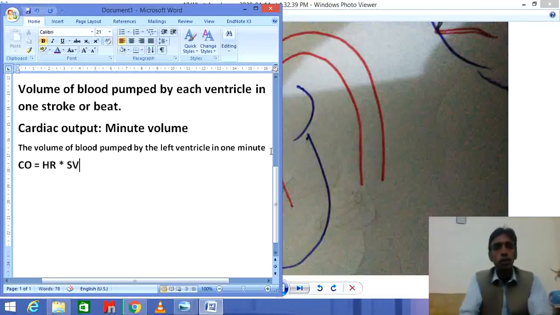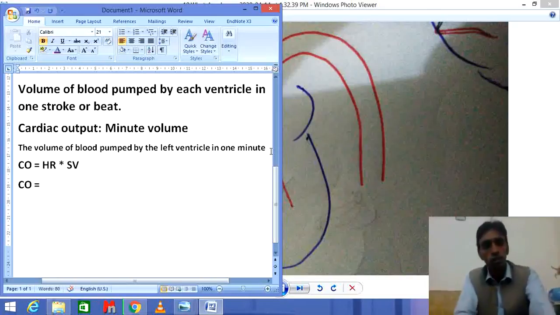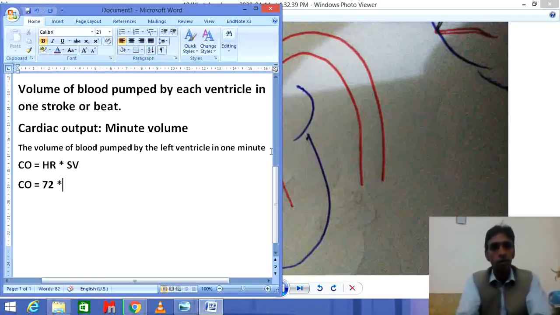What is the heart rate? Normal heart rate is, for example, 72, multiplied by stroke volume. What is the stroke volume? 70 ml is the stroke volume.